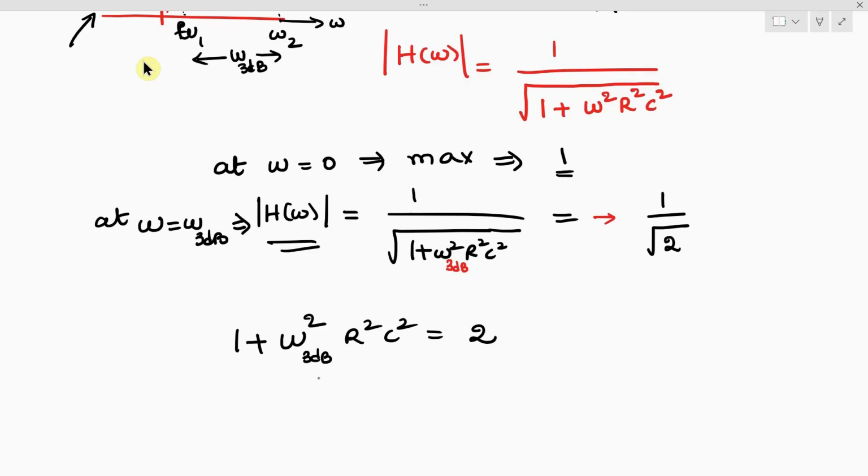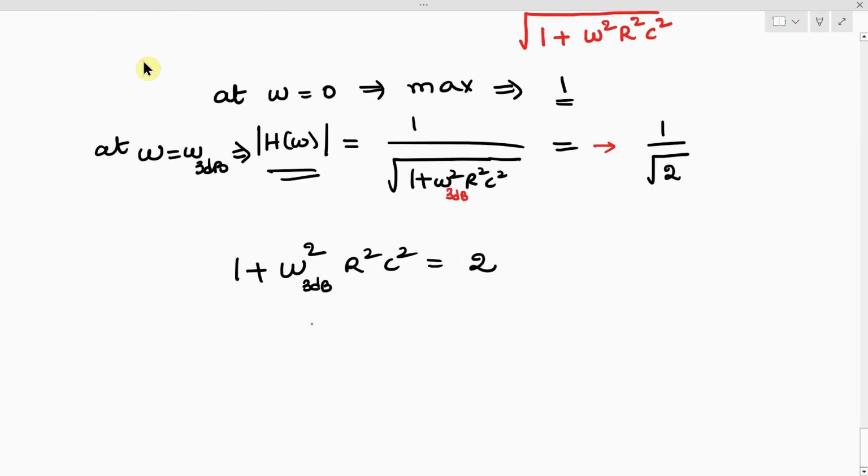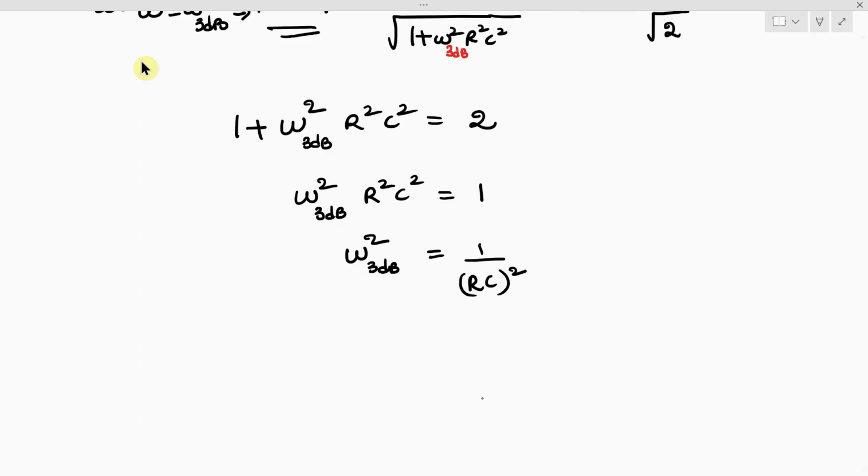And from this, can you please find f3 dB? Please do it on your side. I am also doing it. 2 minus 1 becomes 1. And omega 3 dB square is equal to 1 by RC whole square. Frequencies will be positive, so don't take minus.